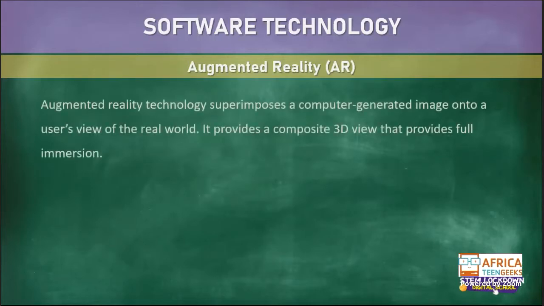Right, the second concept is augmented reality, AR. This one is technology that superimposes a computer-generated image onto a user's view of the real world. So the two of them are related. It provides a composed 3D view that provides full immersion. So both of these two are almost related.